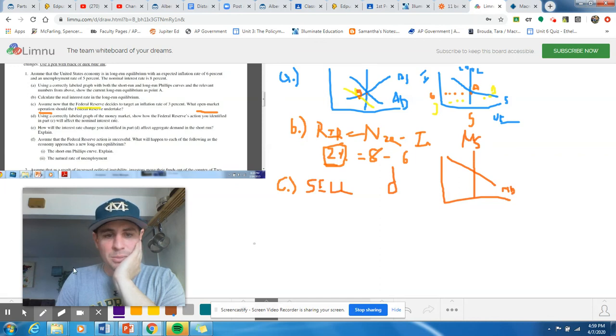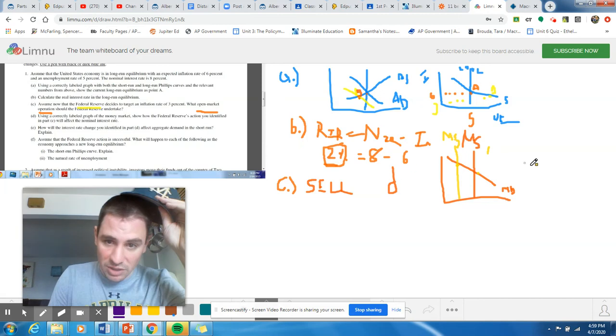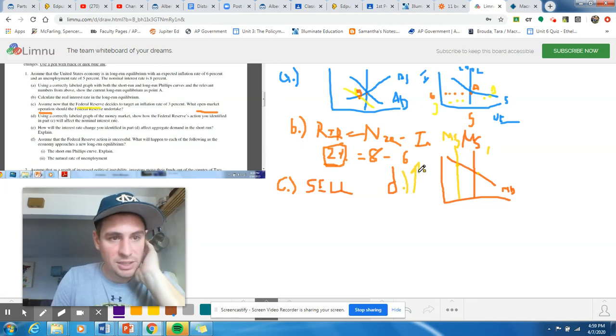Well, my money supply did what? My money supply shifted to the left. I'm going to label it MS0. This is MS1. What happens to nominal interest rates? From here to here, nominal interest rates increase. So the answer to D: nominal interest rates increase.